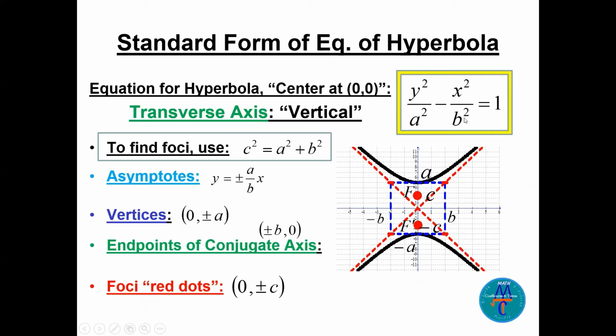So it's up and down. y squared over a squared minus x squared over b squared is equal to 1. If you need more examples on the hyperbola, you can check lecture number 39, the one before the last lecture of pre-calculus. And also for the ellipse, you can check lecture number 38.